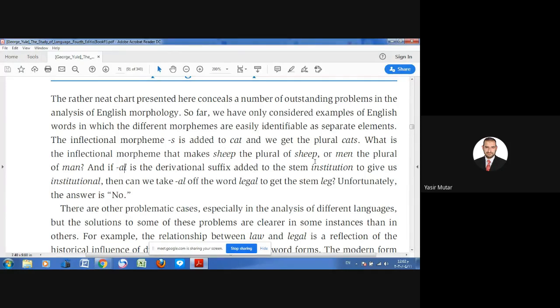When we add this al to a stem word like institution, I can get institutional. So al here is a derivational morpheme.